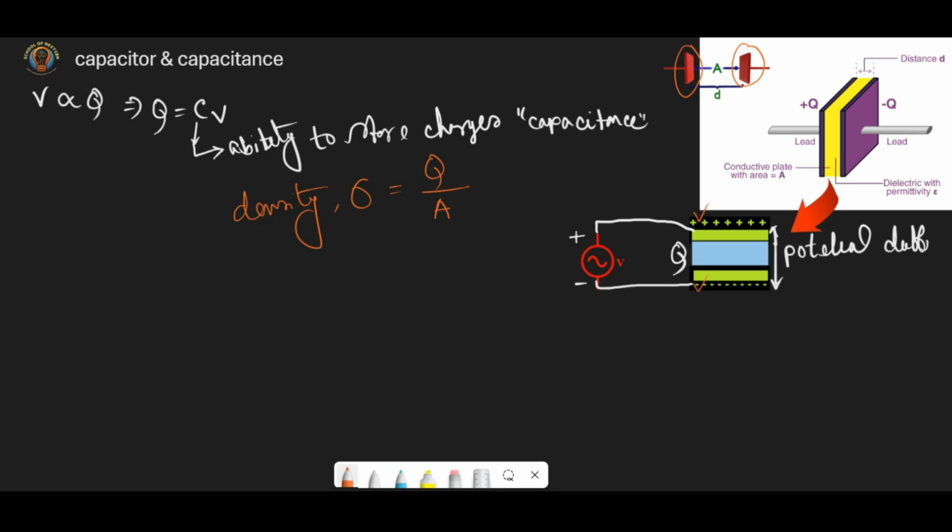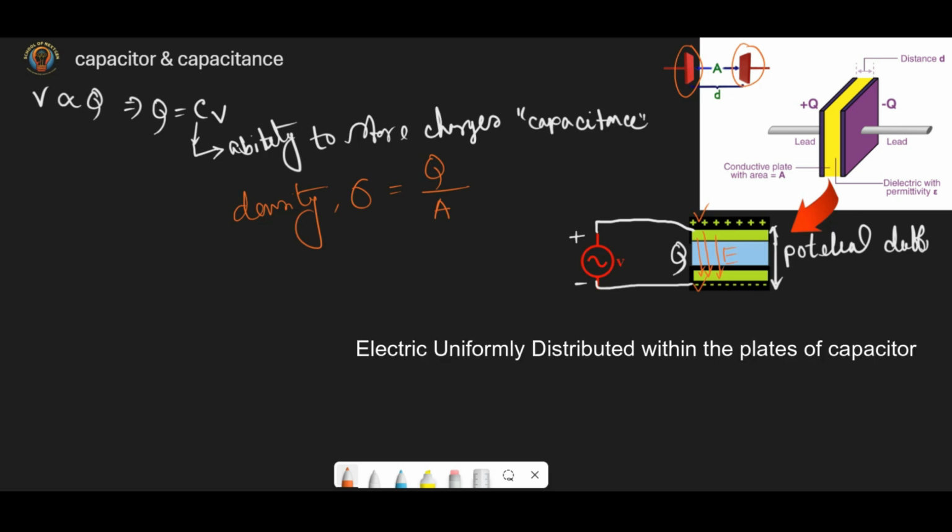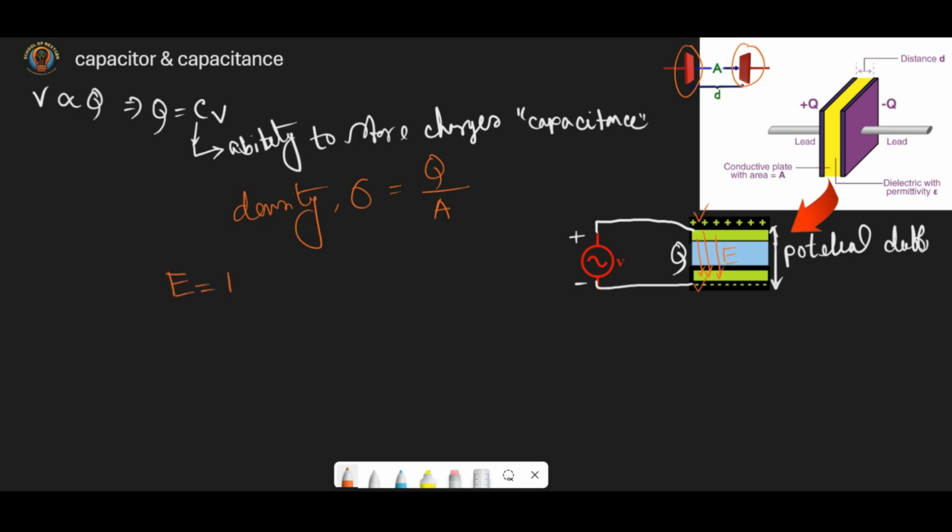When they have positive and negative charges, it means there is an electric field developed, obviously, and this electric field is uniformly distributed within the capacitor. So the total electric field E equals the electric field of sheet or plate number 1 plus the electric field of sheet number 2.